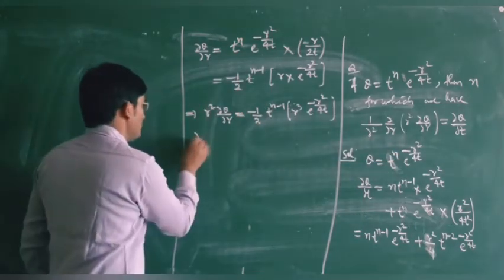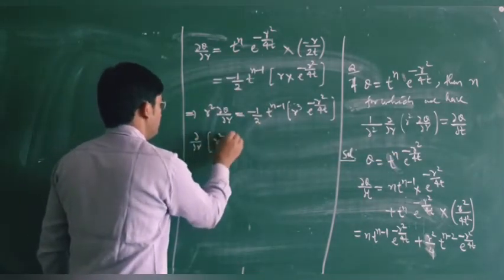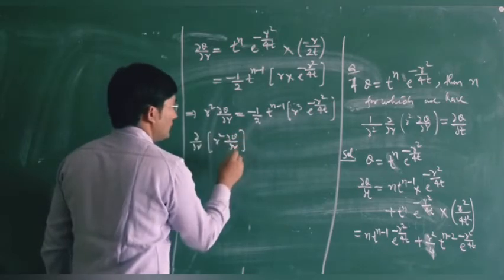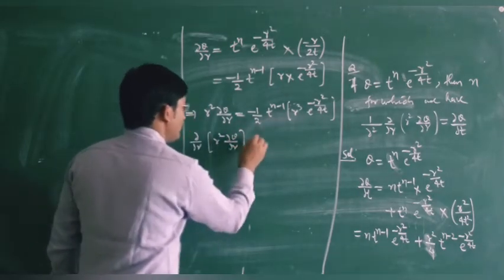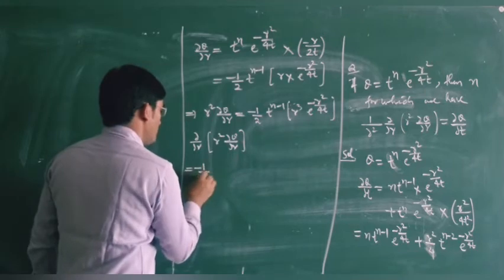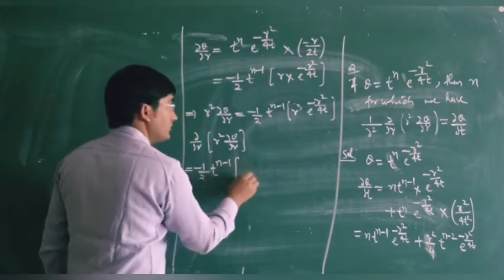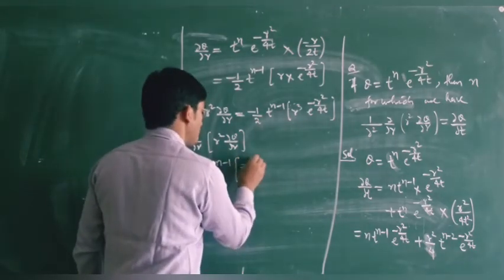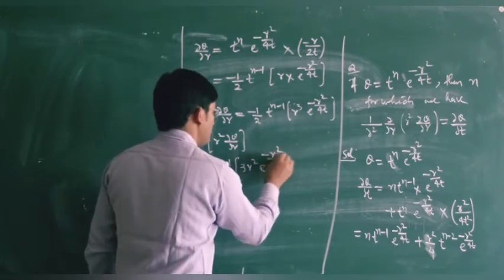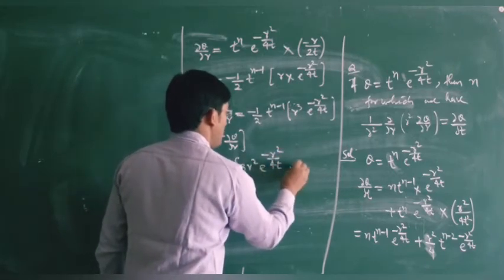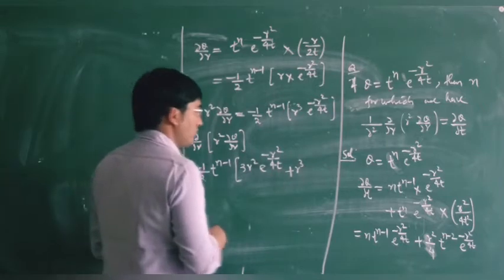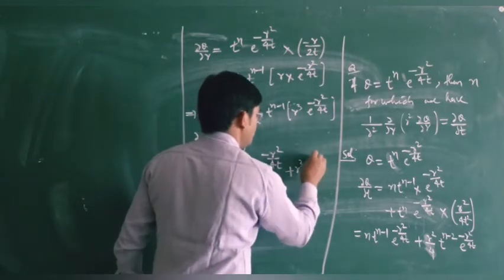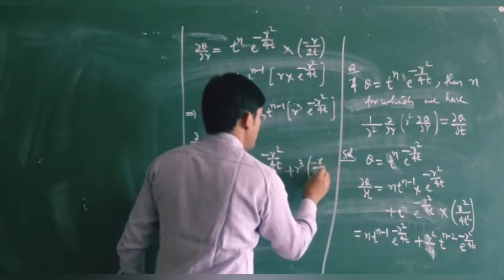So the differentiation with respect to r will be, this is your constant, so we have -1 upon 2 t^(n-1), differentiation of r³ will be 3r², then we have the bracket, and then plus r³, and then the differentiation of bracket will be -2r upon 4t, that means -r upon 2t.